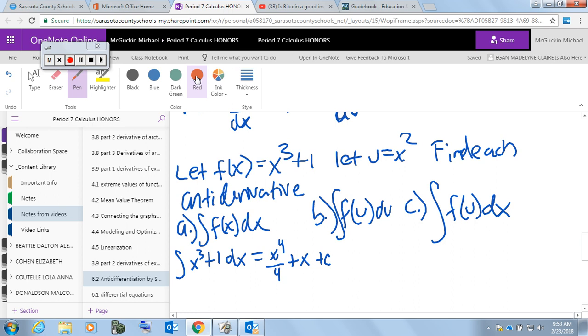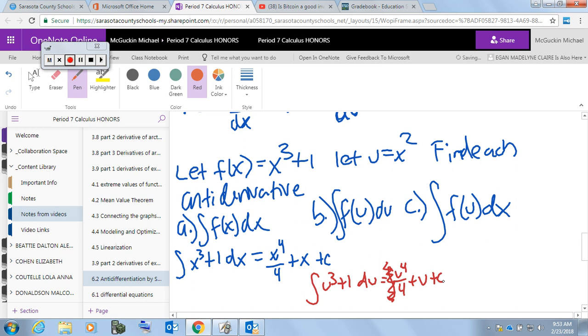So if f of x is x cubed plus 1, we just swap out the x for u, and now this is the same thing as the integral of u cubed plus 1 du. And now taking this, we have u to the 4th over 4 plus u plus our constant of integration. Okay, so far it doesn't look any different.